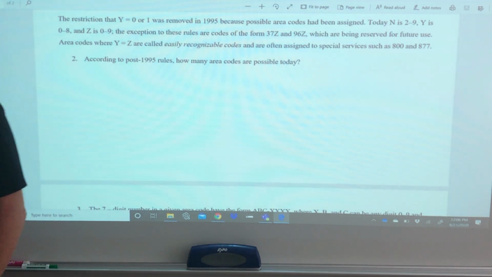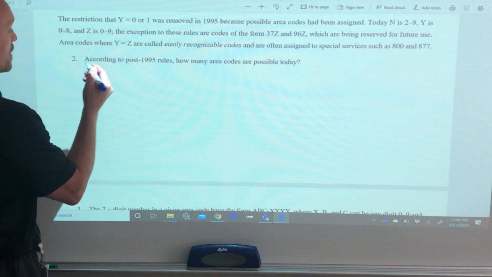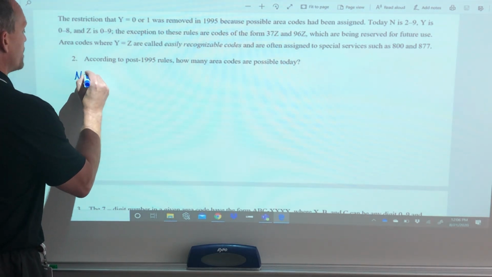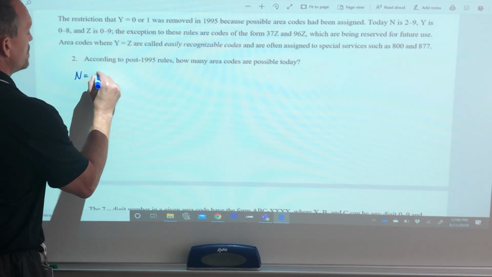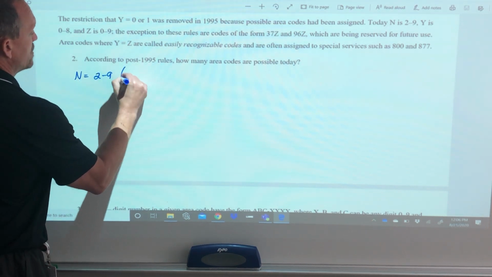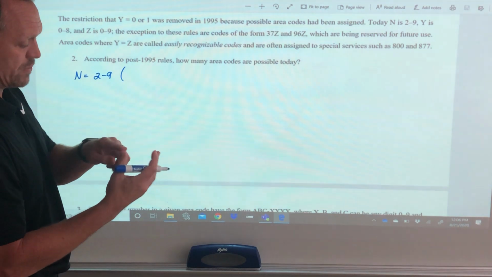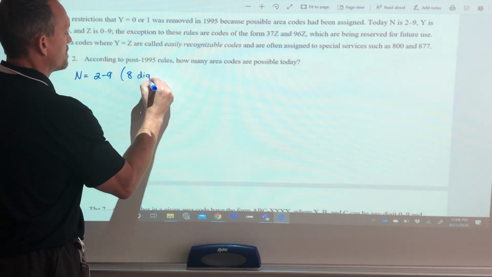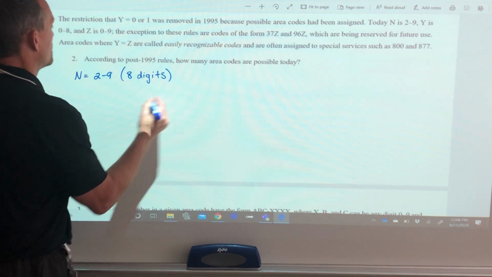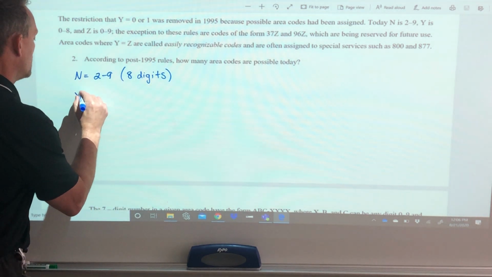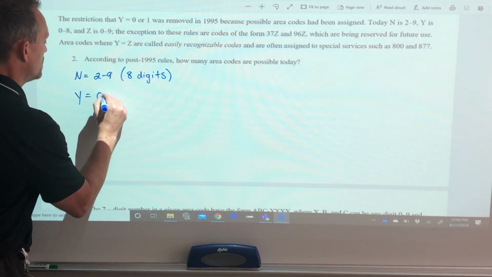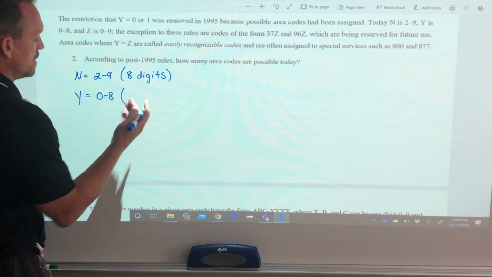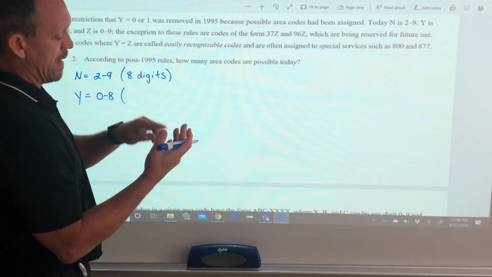Okay? According to post-1995 rules, how many area codes are possible today? How you would do that is you need to determine which ones are which. So we're going to say N equals 2 through 9. So that's 2, 3, 4, 5, 6, 7, 8, 9, 8 digits. Y equals 0 through 8: 0, 1, 2, 3, 4, 5, 6, 7, 8.